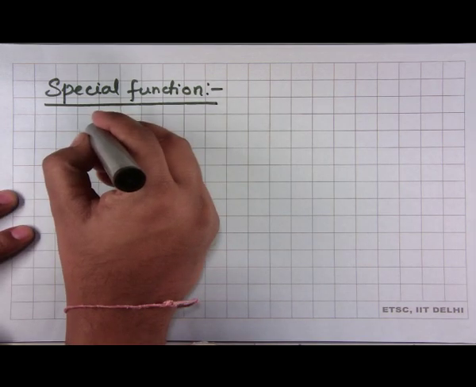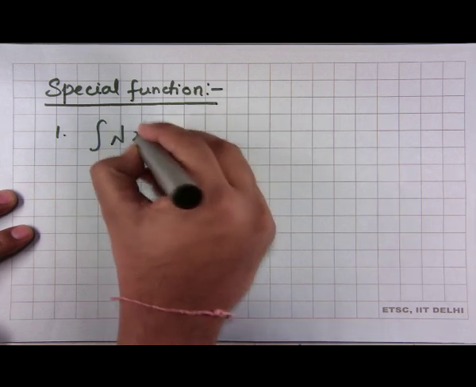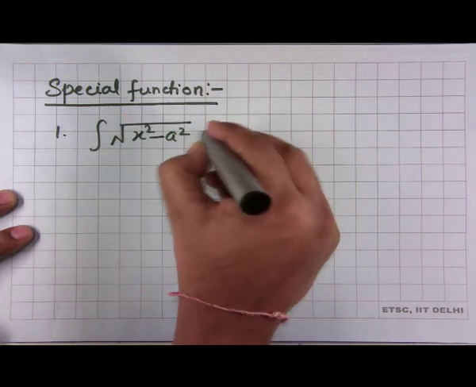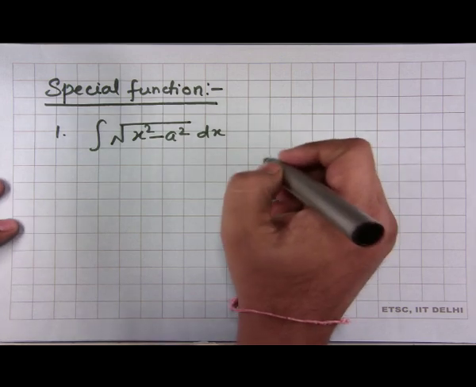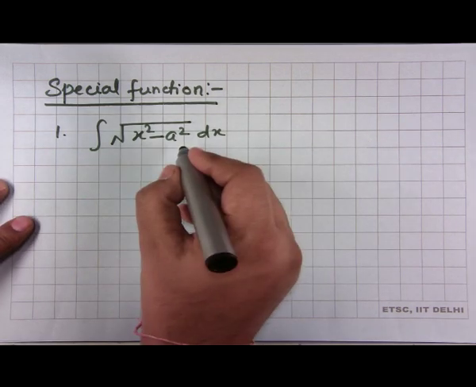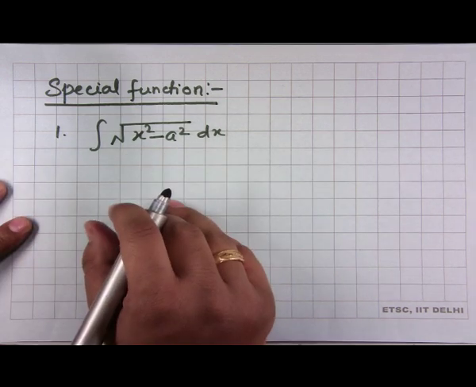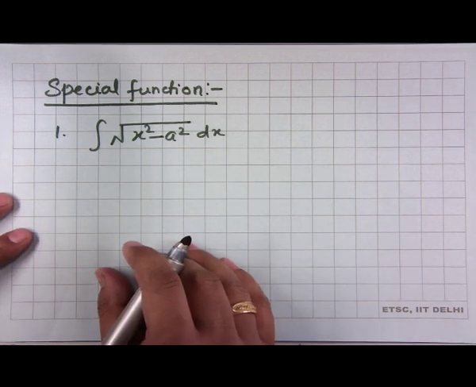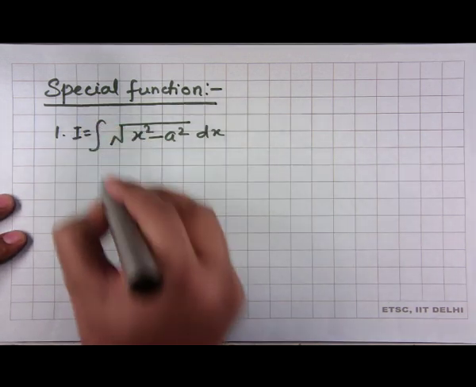So, let us look at the function square root of x square minus a square dx. Similarly, I can do for a square minus x square and a square plus x square. I will do for x square minus a square, and then the rest of them I will tell you the formulas for them.